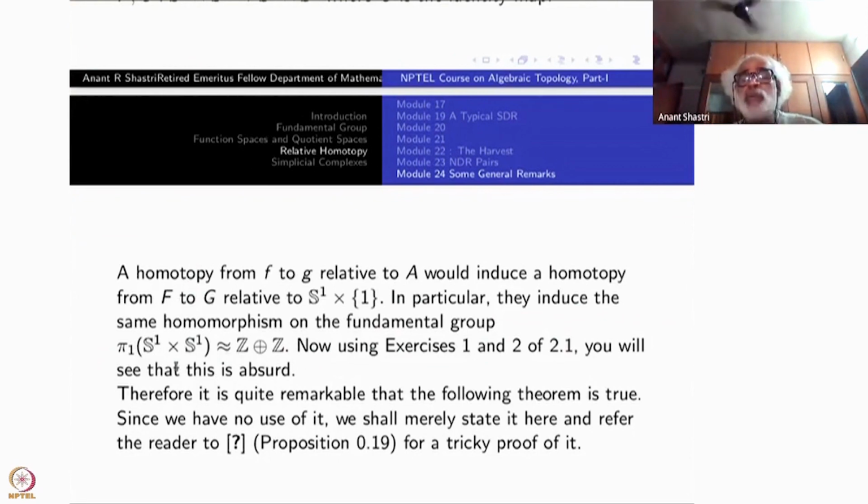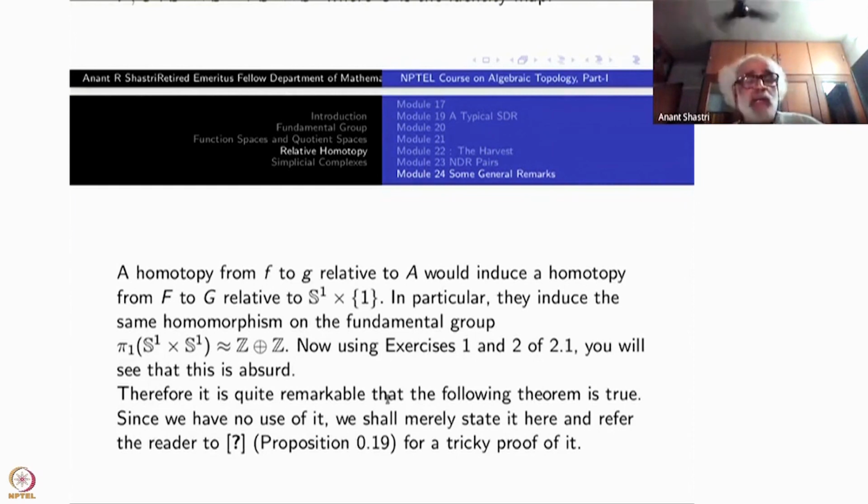For F, suppose we say A comma B are generators. Then F check of A will be A, but F check of B will be A plus B, whereas G check of A is A, but G check of B is just B, because G is identity. So this is what you have to verify.